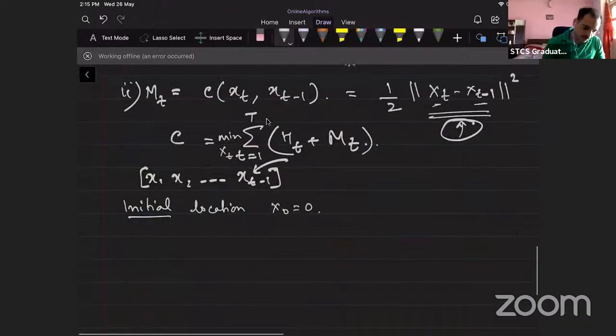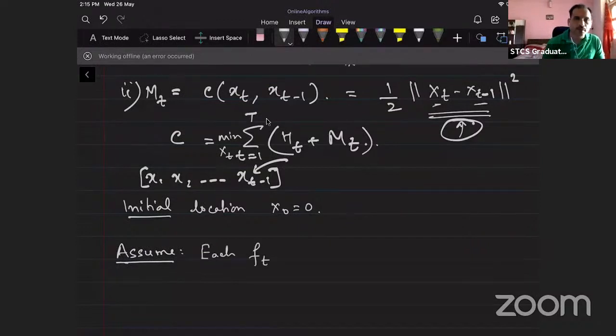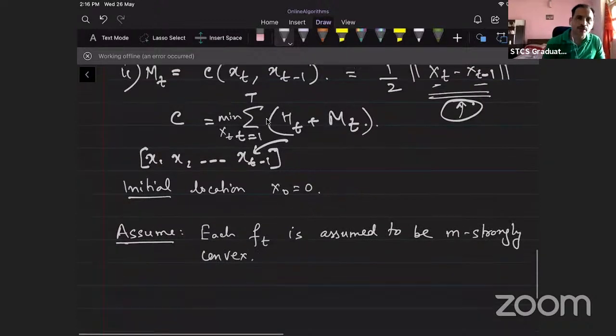Okay, so we're going to make one assumption to make this somewhat easier for ourselves, that each convex function f_t revealed is assumed to be m strongly convex. What does it mean?